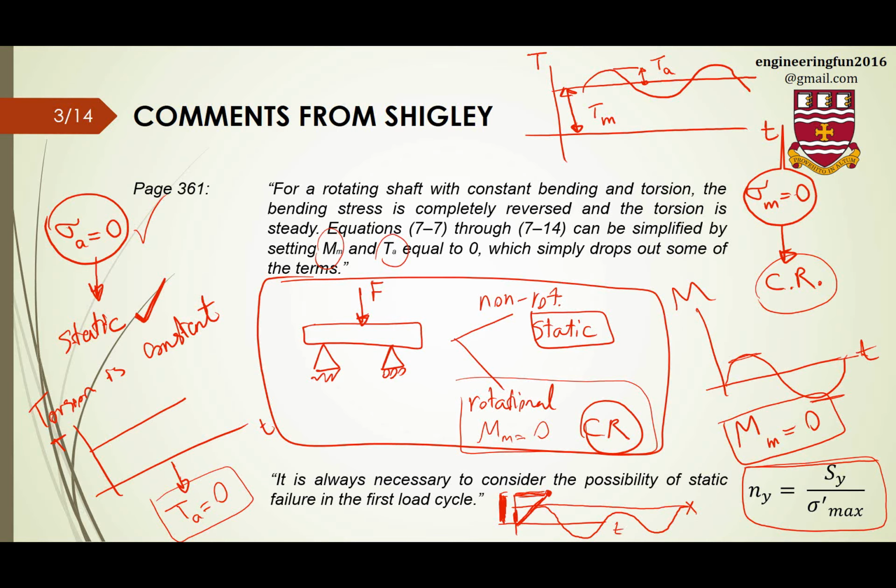In this line, it wants to say that we always need to check the first load cycle to make sure that our first load, which is this one, doesn't pass the static failure. So we have to be lower than the static failure. If we have a behavior like that, that means we never go to the dynamic region, or we're going to have a static failure.